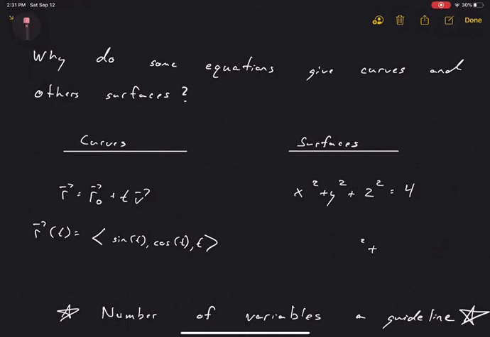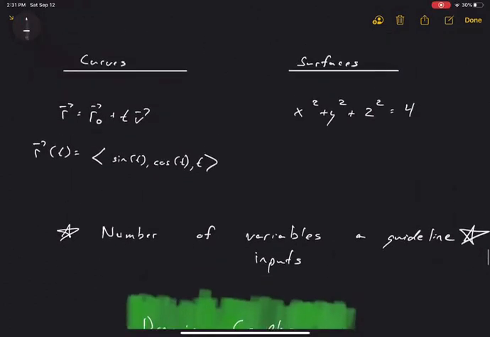So my advice to you, if you're trying to tell the difference between all this stuff, is look at the number of variables. These curves are typically written in this parametric form where we have 1 variable, some real number t, and that gives us this 1-dimensional curve type object.